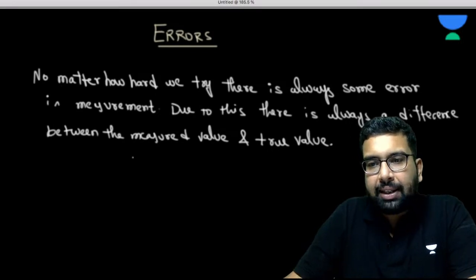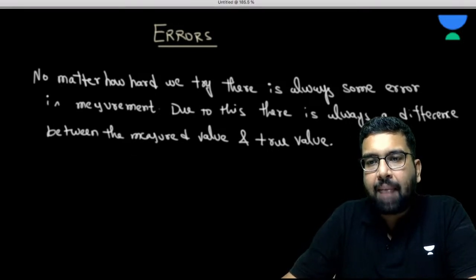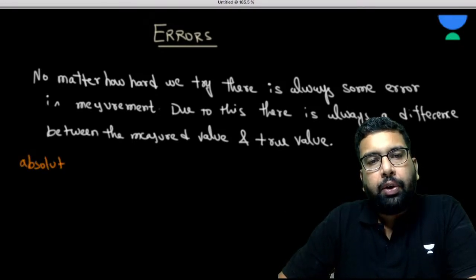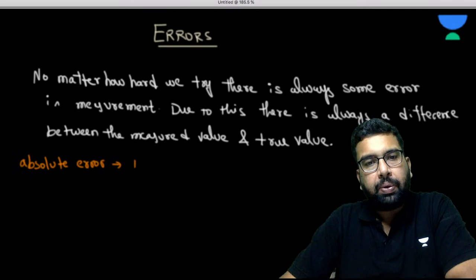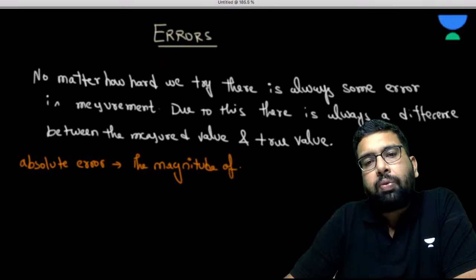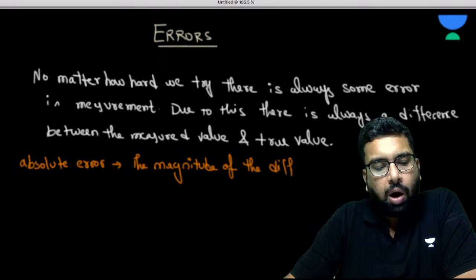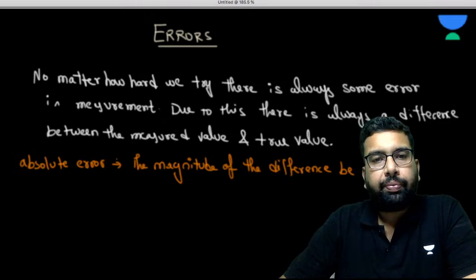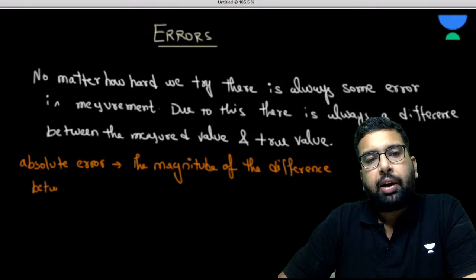Now please understand this. We have the absolute error. Let's define what absolute error is. It is basically the magnitude of the difference between the true value and the measured value.